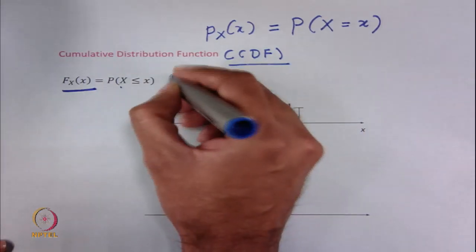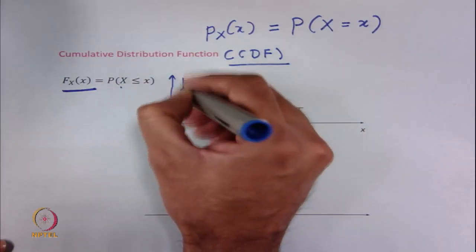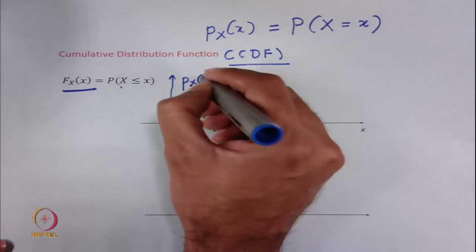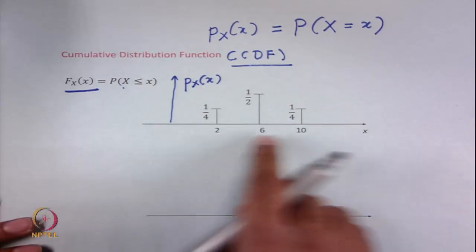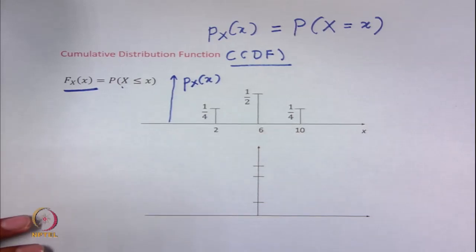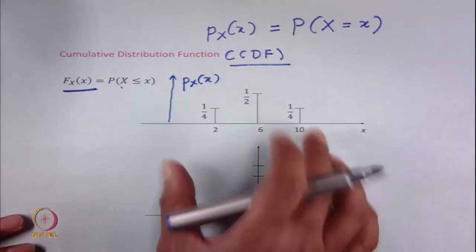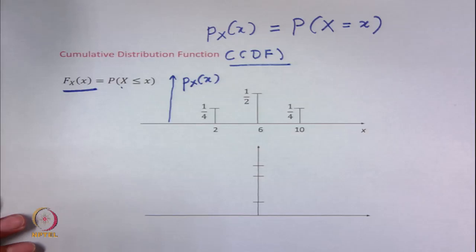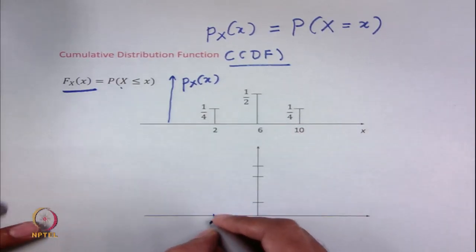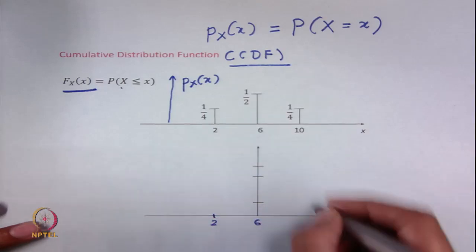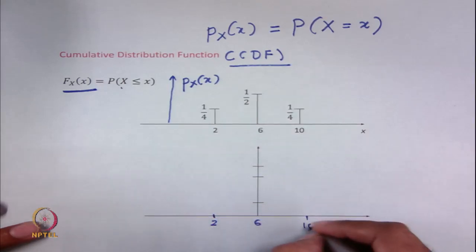Let us work out for this case. So, on this y axis, let us assume that I have PMF, and on x axis I have the numerical values that this random variable takes. So, if I have to draw the CDF for this case, let us just first put the point 2 here, 6 here and 10 here.